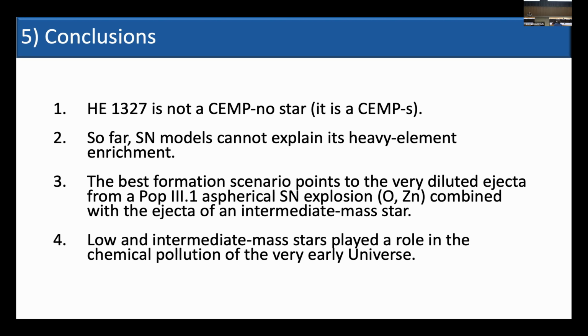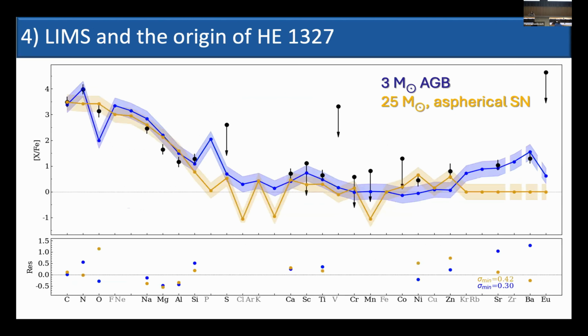Can I extend a bit? I wanted to mention this quickly, and I forgot, but you reminded me. The other interesting and exciting option would be to consider the yields of electron capture supernovas, which were also mentioned by Julia, because these produce quite a lot of oxygen and quite a lot of zinc.